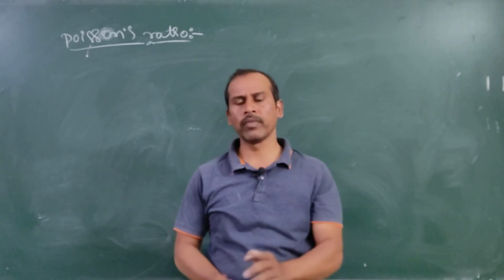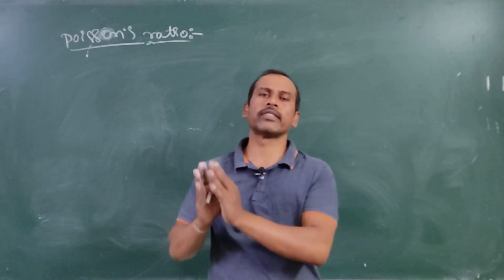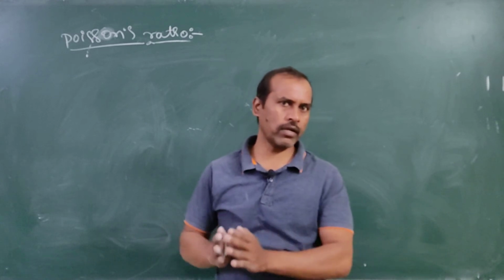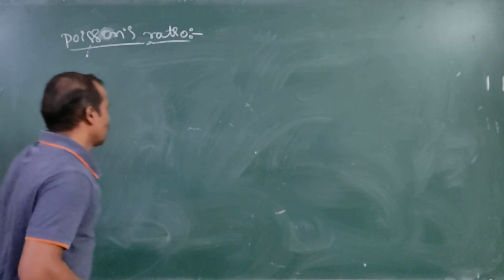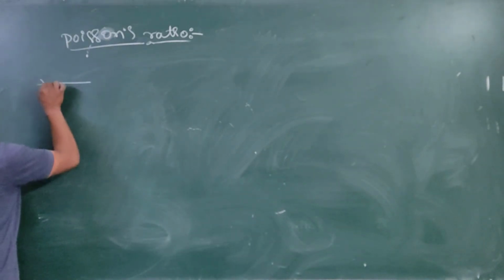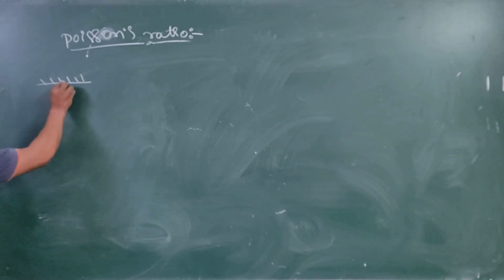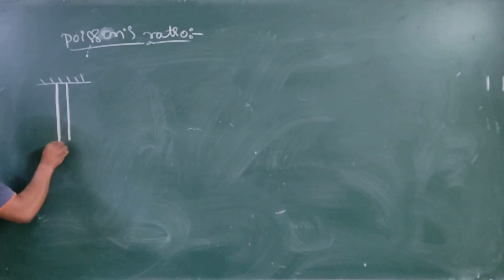At the same time, its diameter or radius decreases. Here this is a rigid support. For example, this is a wire.